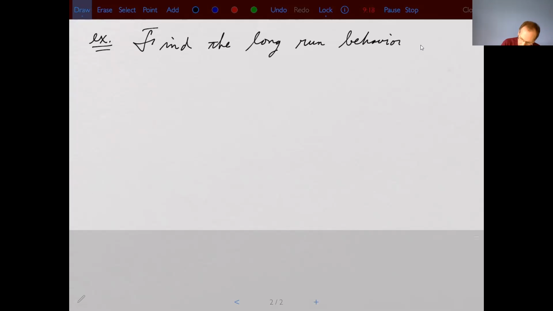So this question says, find the long-run behavior of this polynomial. P of t is equal to negative 2t, t minus 1, 3 minus t squared.